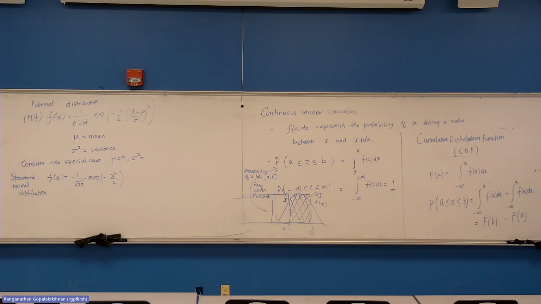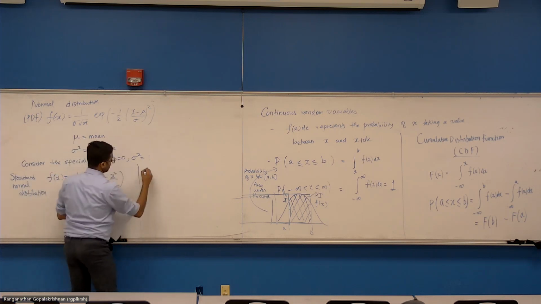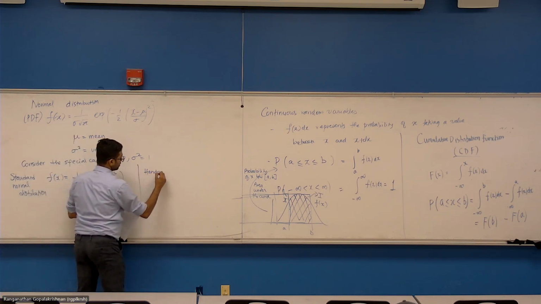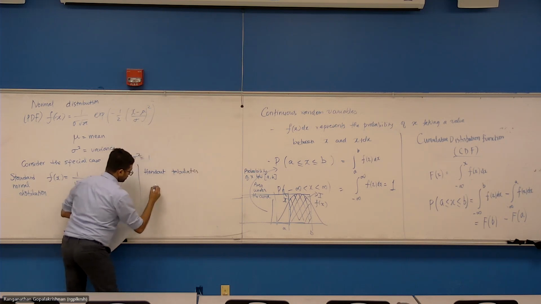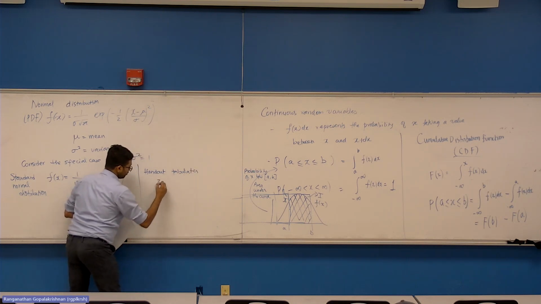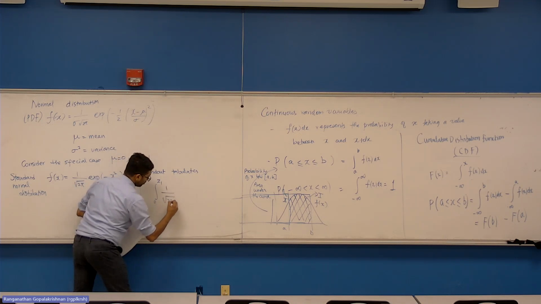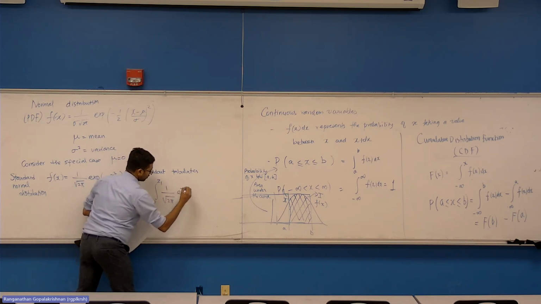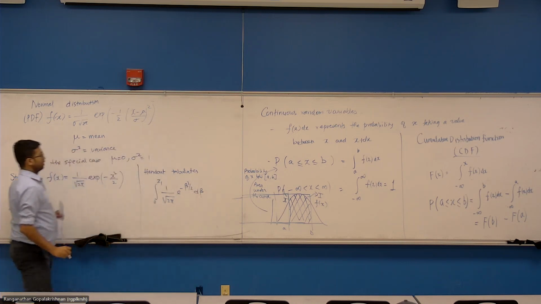last lecture. And the handout here tabulates the quantity: the integral from 0 to Z1 of 1 over square root of 2 pi, exponent of minus beta squared over 2 d beta.